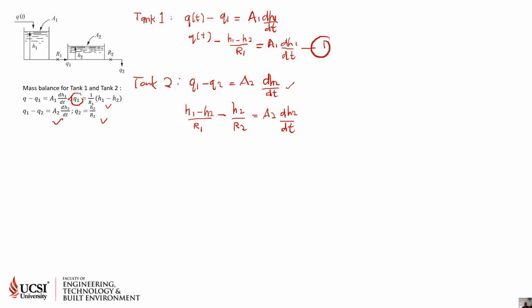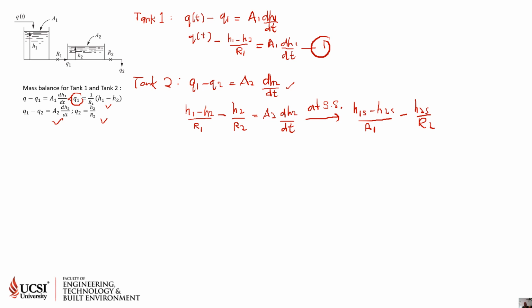If I introduce deviation variables, at steady state conditions I can write H1s minus H2s over R1 minus H2s over R2, where the s indicates steady state.